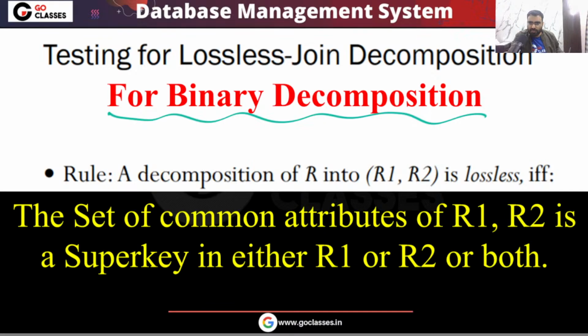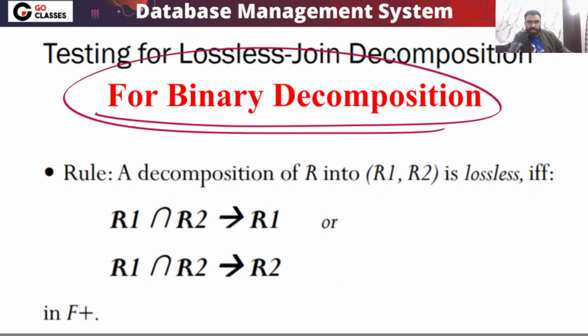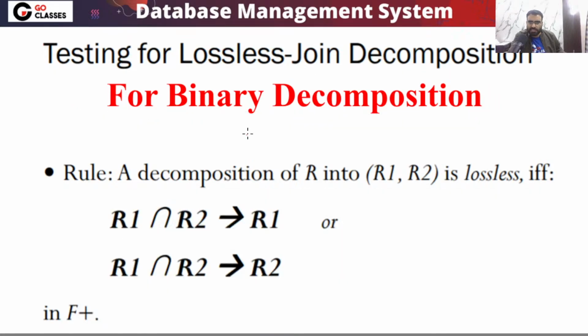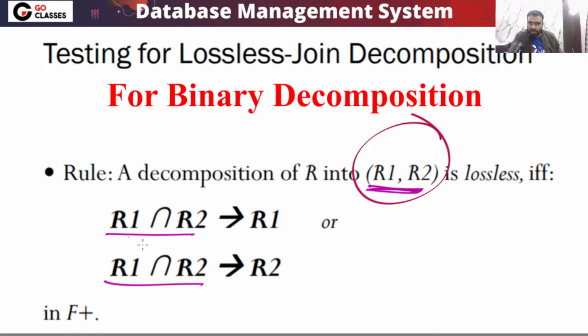This we have already seen. When you have a binary decomposition, it will be lossless if and only if the set of common attributes of R1, R2, that is R1 intersection R2, the schema intersection, is a super key in R1 or R2.